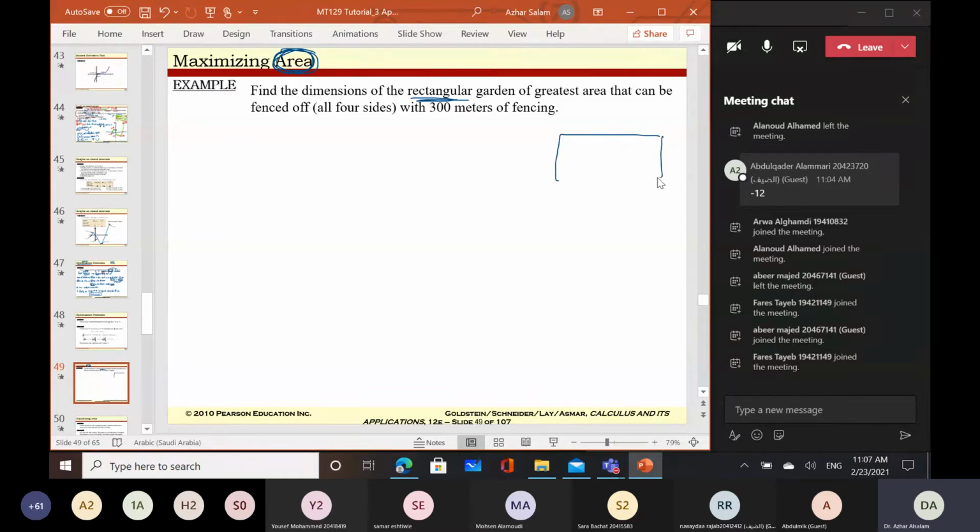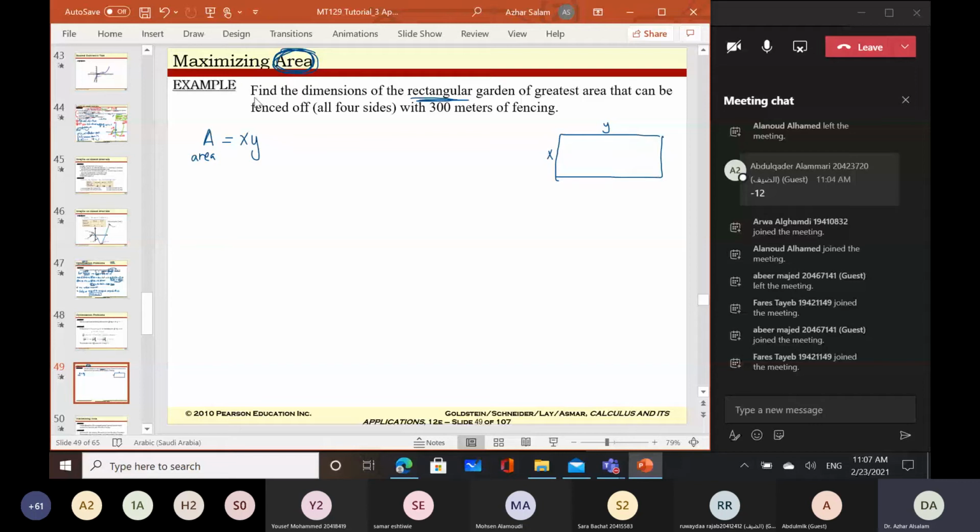What's the area of a rectangle? It is the multiplication of the height with the width. Let's say that this is y and this is x. So the area A equals x multiplied by y. Okay, this is the area.